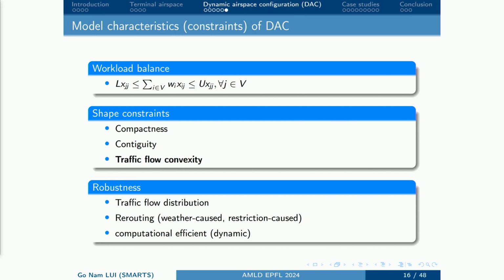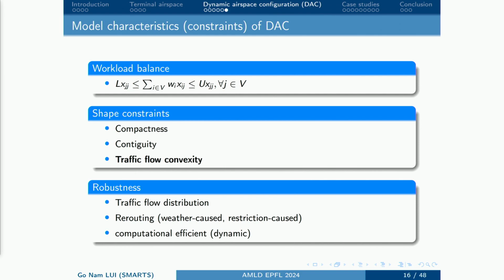One of the very important constraints is the traffic flow convexity. Each sector doesn't need to be shape convex, but it needs to be convex in the direction of the traffic flow. This is very interesting because the concept of traffic flow convexity is a smaller concept than shape convexity. So we are not necessarily creating something that is shape convex, but flow convex.